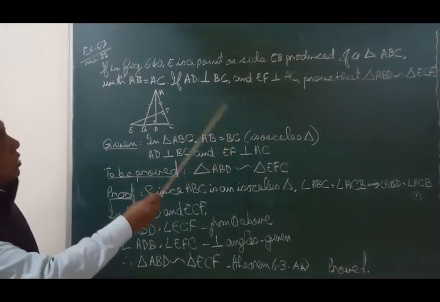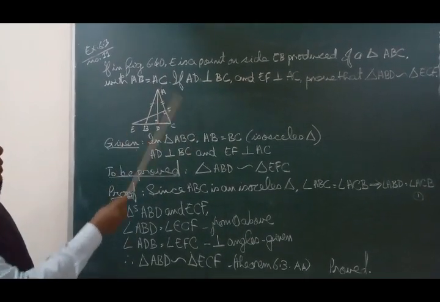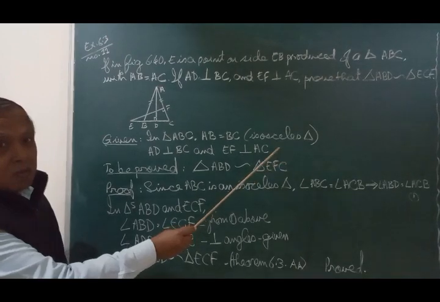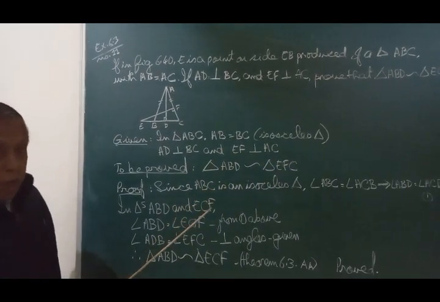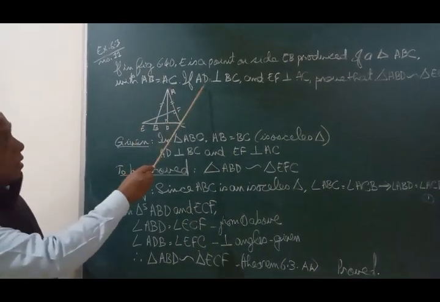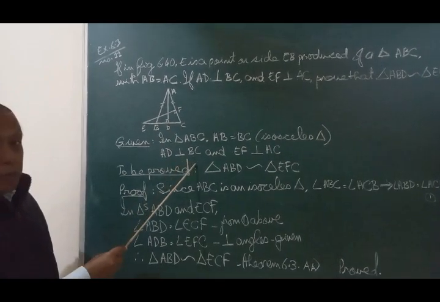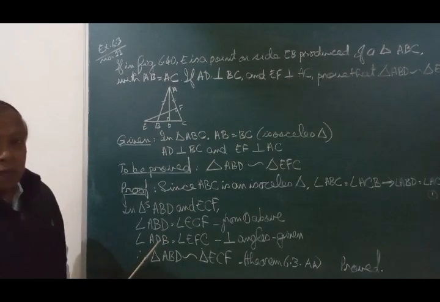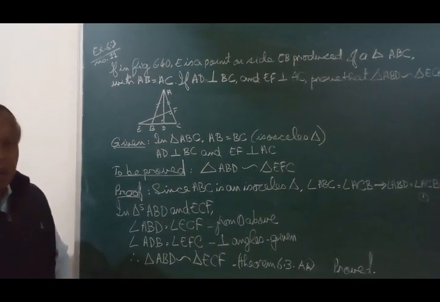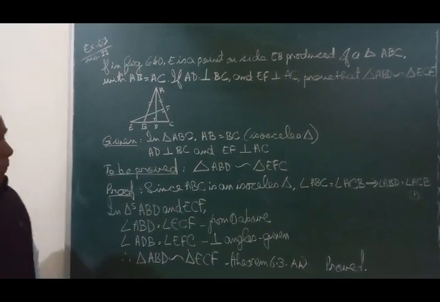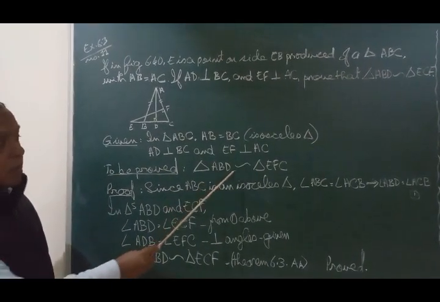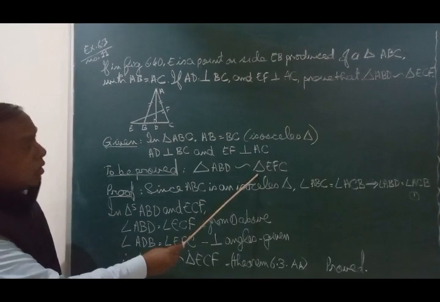AB is equal to BC, which means the triangle is isosceles. We will understand the consequence of that after this. And next, AD is perpendicular to BC and EF is perpendicular to AC. Perpendicular means 90 degrees angle. To be proved, triangle ABD is similar to triangle EFC.